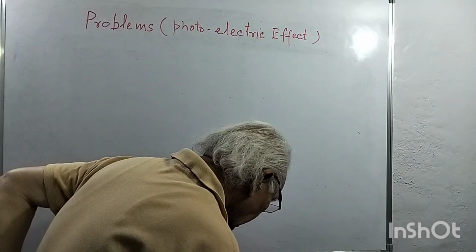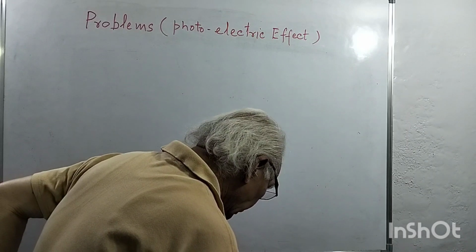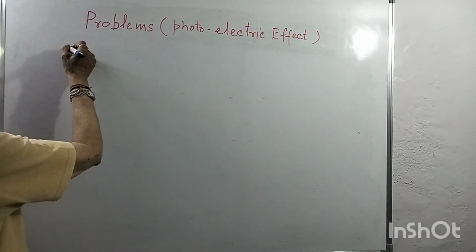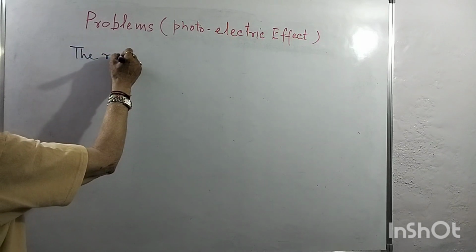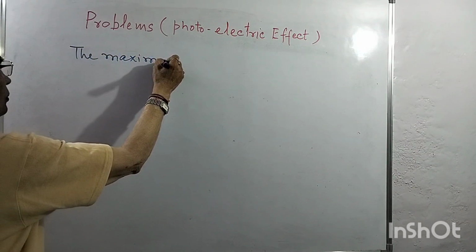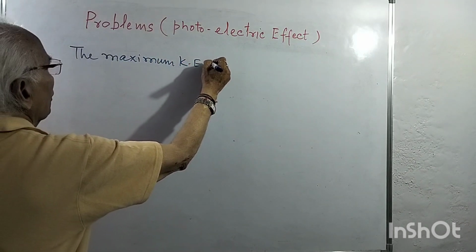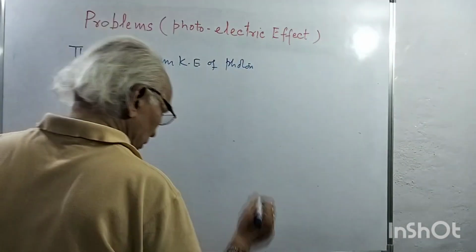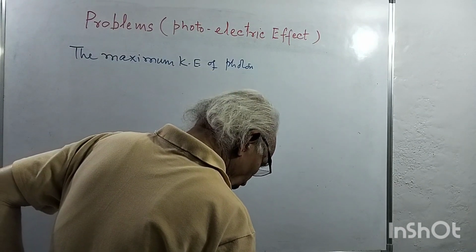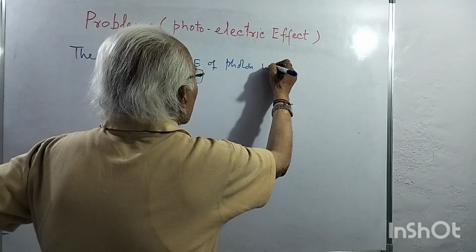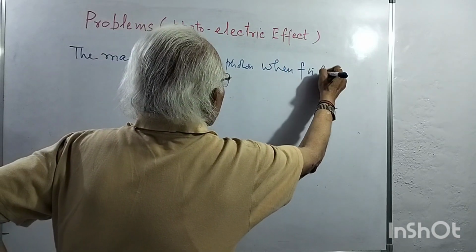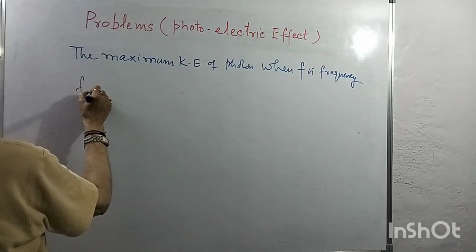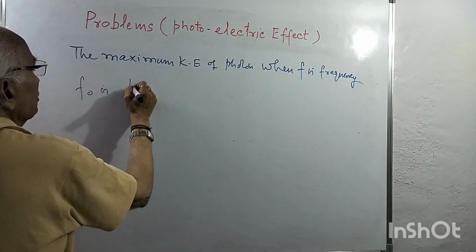Say, some problems of another type. Photons of frequency f incident on a metal surface, threshold frequency f0, the maximum kinetic energy of emitted photoelectrons is, where f is the frequency and f0 is the threshold frequency.